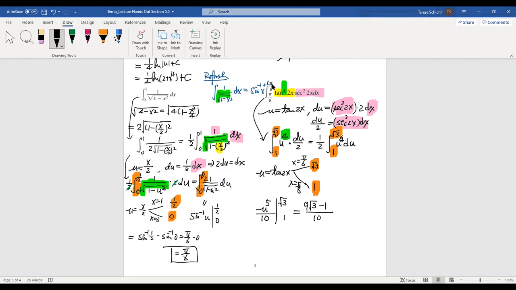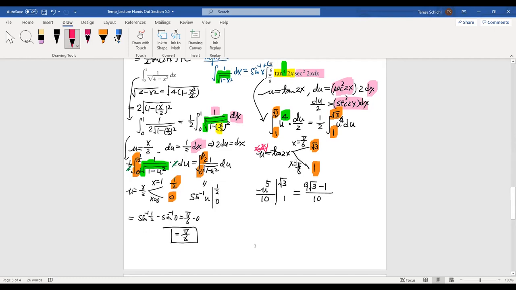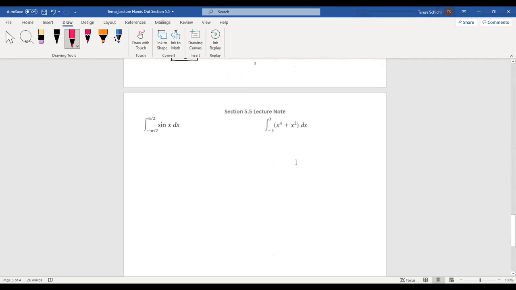So that is how you use the substitution. Even for definite integrals, don't forget, this is very important, you need to change the boundary. Sometimes students forget to do that, and then you're going to lose points in the exam or the homework.